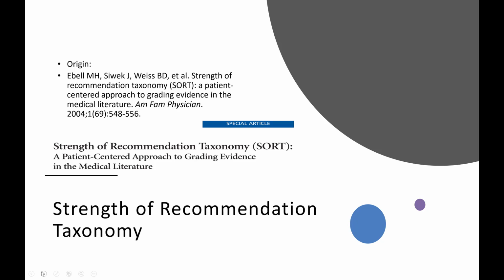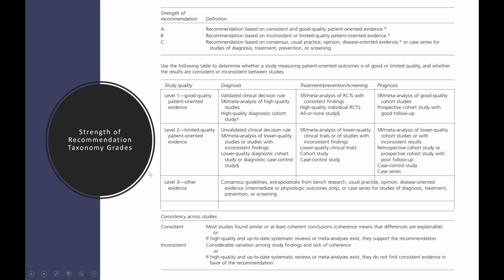The Strength of Recommendation Taxonomy was developed by Ebell, who published it in the American Family Physician journal back in 2004. And as I pointed out, it consists of 2 parts.